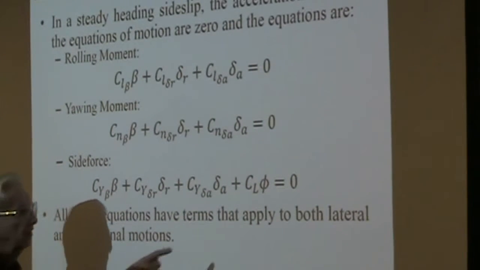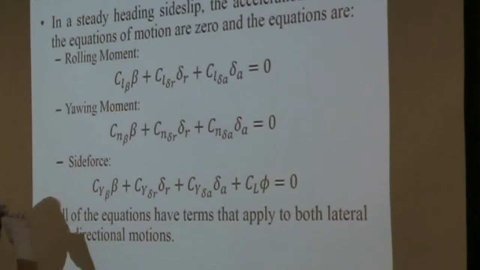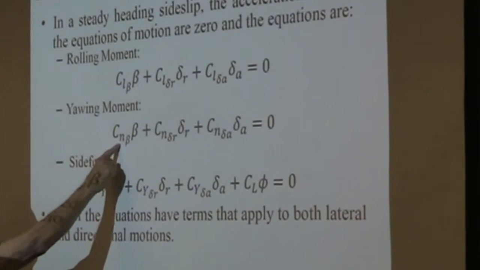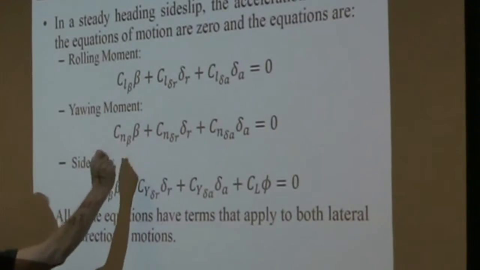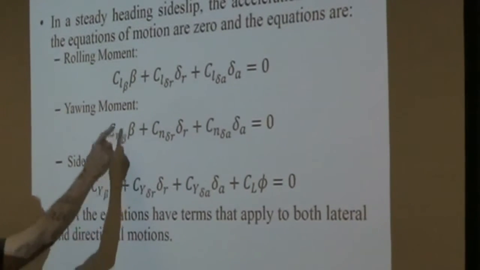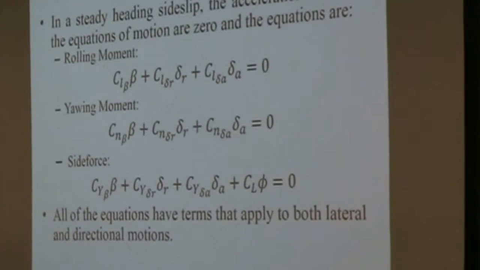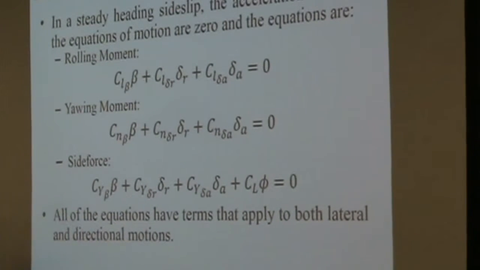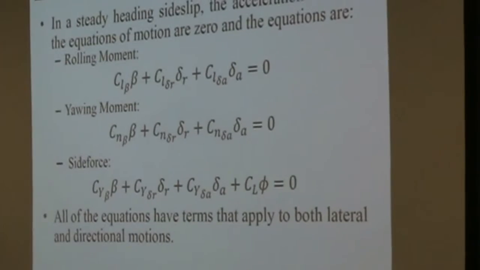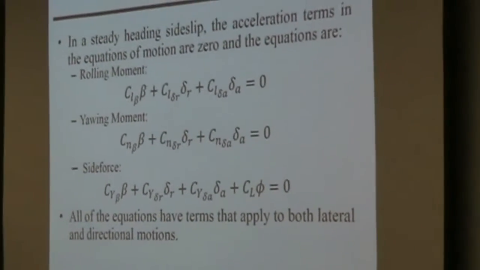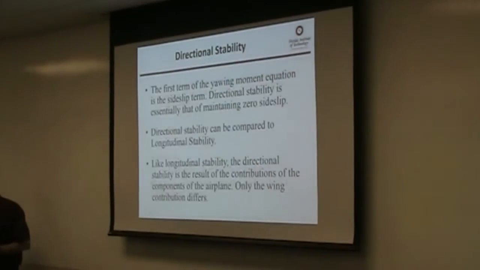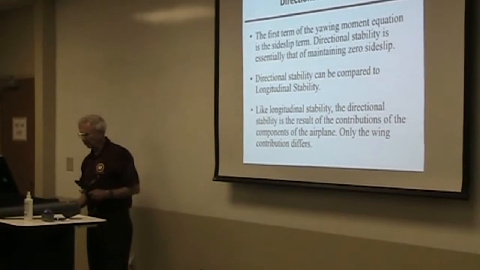Okay. Lift coefficient times bank angle. Yawing moment coefficient times side slip. Rolling moment times side slip. So all of these have coefficients from each, both lateral and directional.